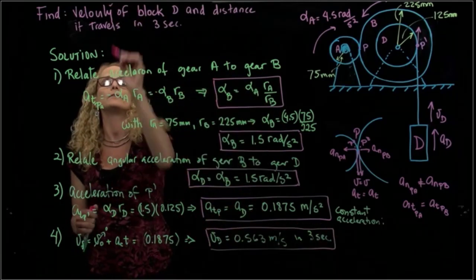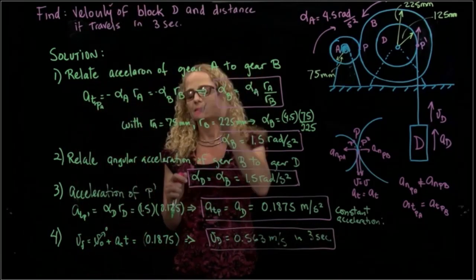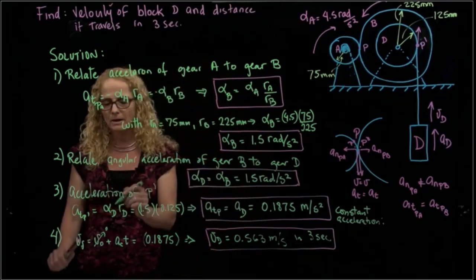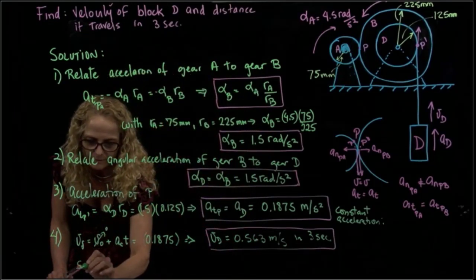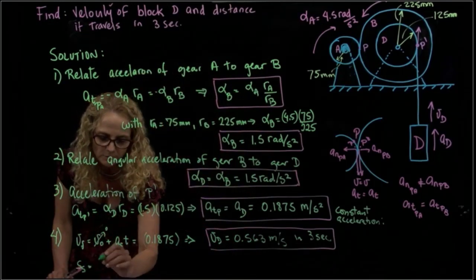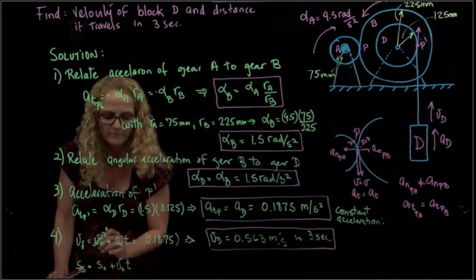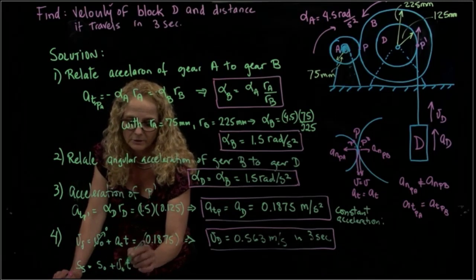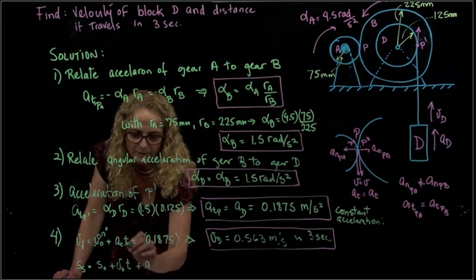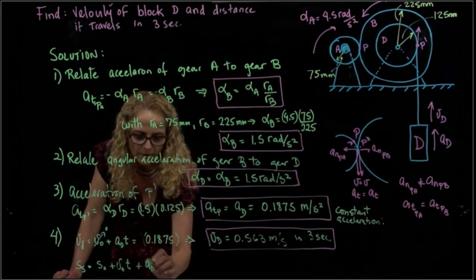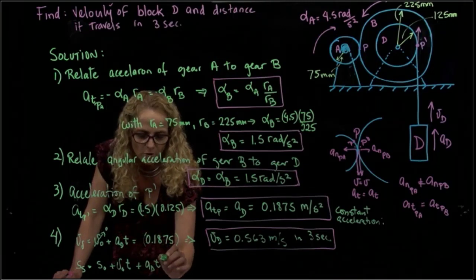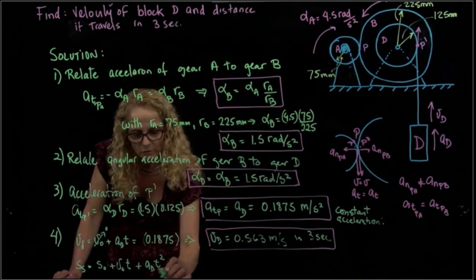So now we did find the velocity, and to find the distance traveled by the block, we use that the distance will be the integral of that velocity, S0 plus initial velocity times time, plus acceleration of that D block times time squared over 2.